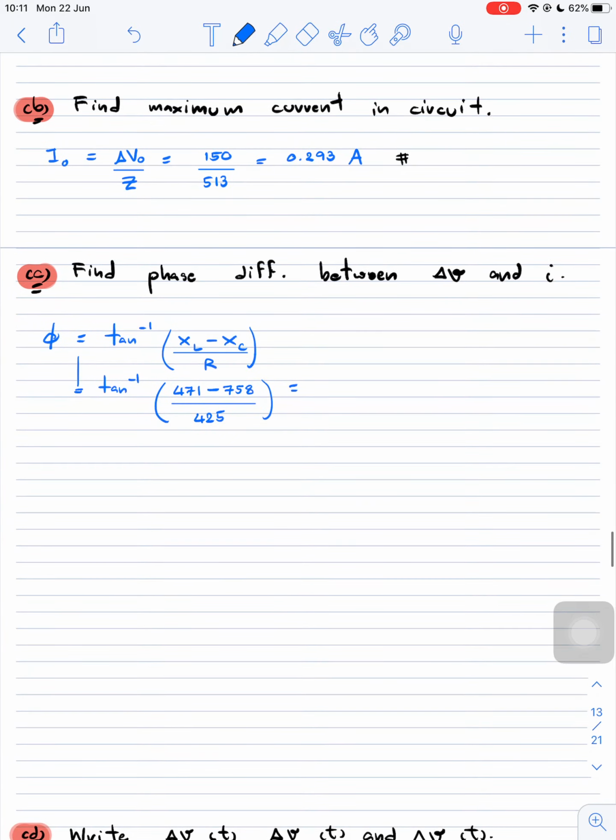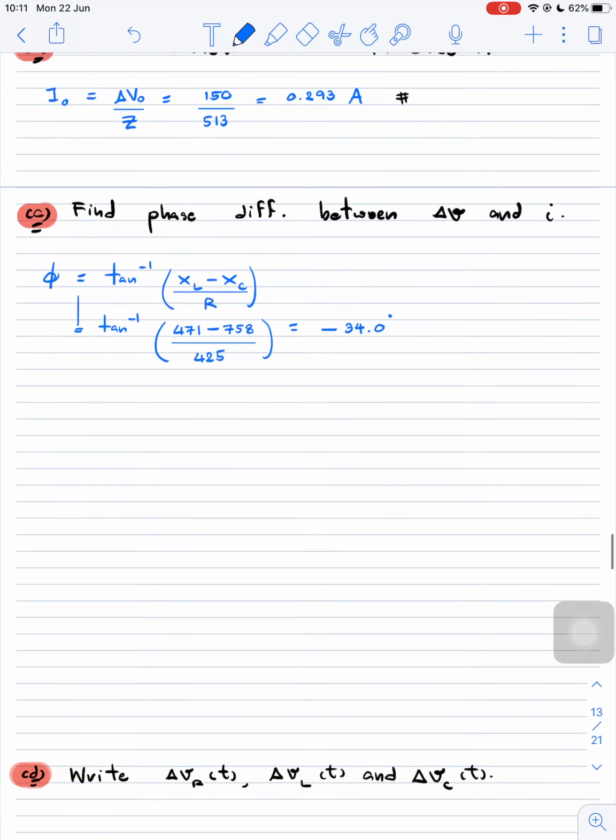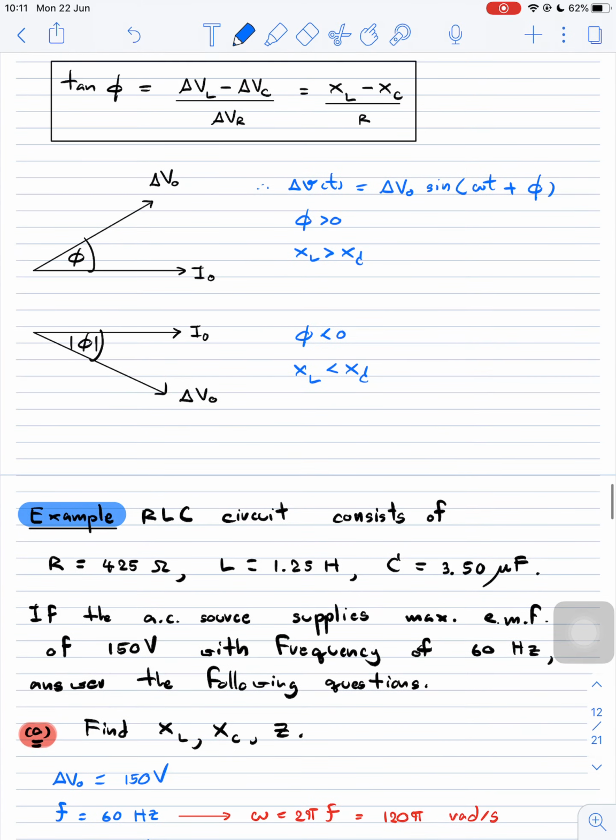The answer that we can get is negative 34.0 degrees. I just write out the phase difference in terms of degrees, not radians. Again, we get a negative value of the phase. Compared to this picture, it means that the phase of the current is leading the phase of delta V by the value of phi.